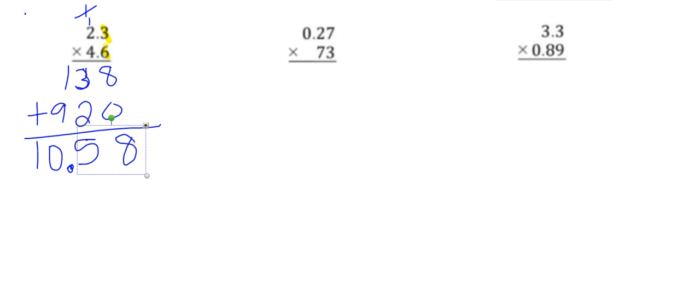Now again, we're going to look at this one. Ignore the decimal. I have 0.27 times 73. Ignore the decimal to start with. I have 3 times 7, which is 21. 3 times 2 is 6, plus 2 is 8. 3 times 0 is just 0. Then I have my placeholder. 7 times 7 is 49.